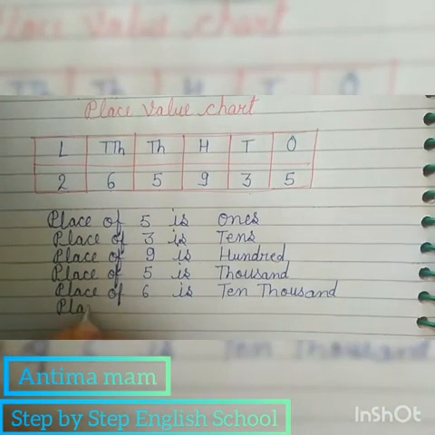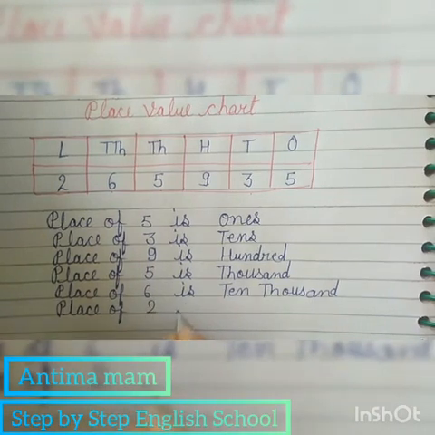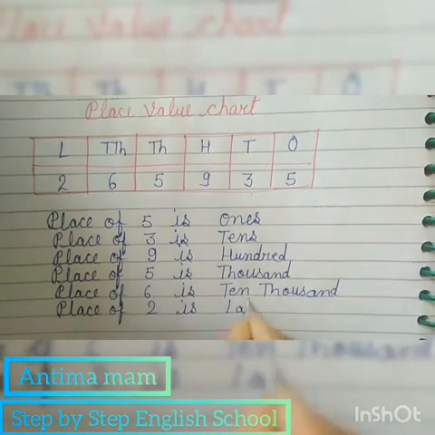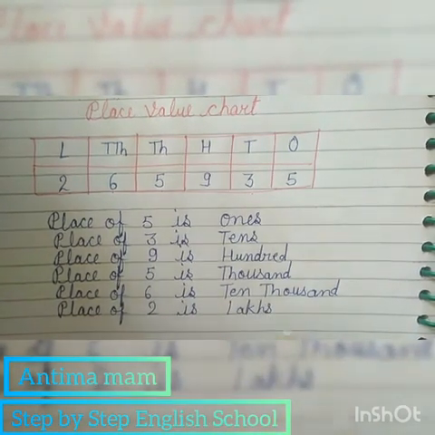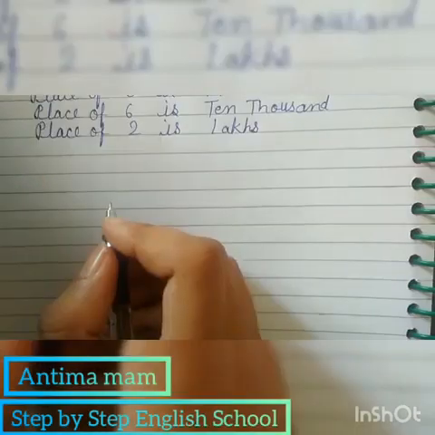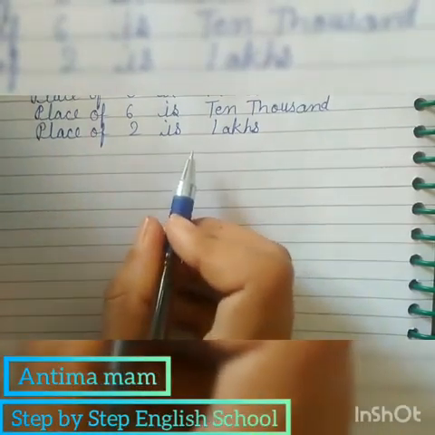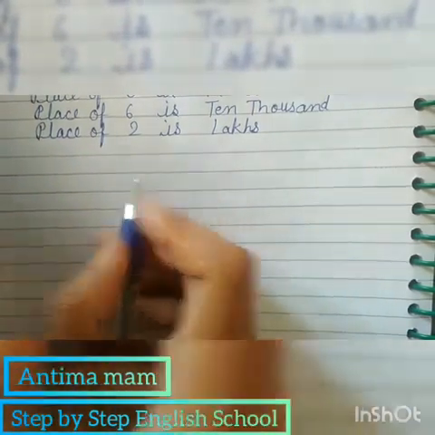Place of 2 is lakhs. Now we got places of each number. After this, we will find the place value of each number.